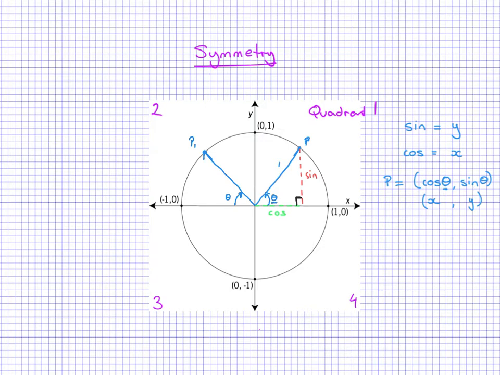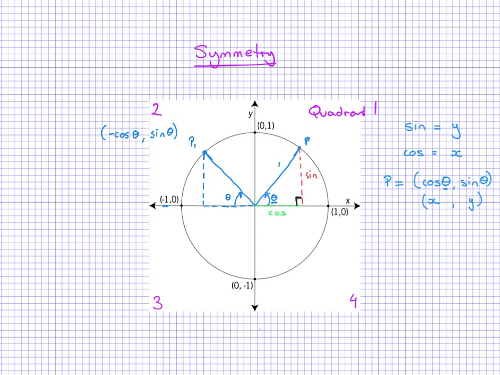However, it's on the other side of the y-axis. So given that this direction of the y-axis is negative x, we would expect this point's location to be the opposite of the cos, negative x, but the same y value. So it's the same height.